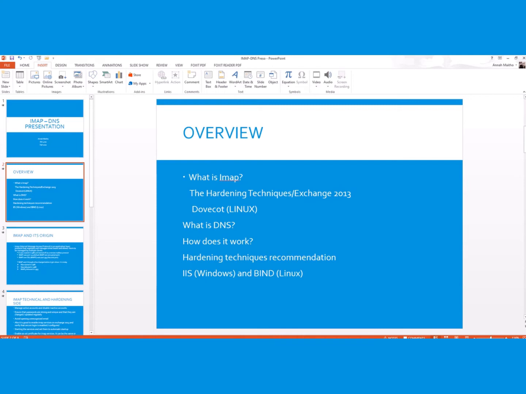Then we also discuss and look at DNS and answer the question of what it is about, how does it work, and the hardening techniques and recommendations on IIS, Windows, and Linux.